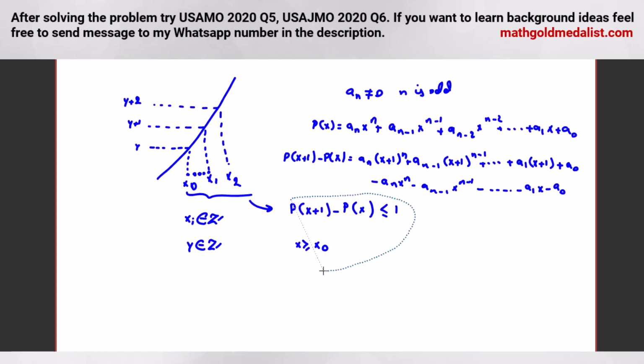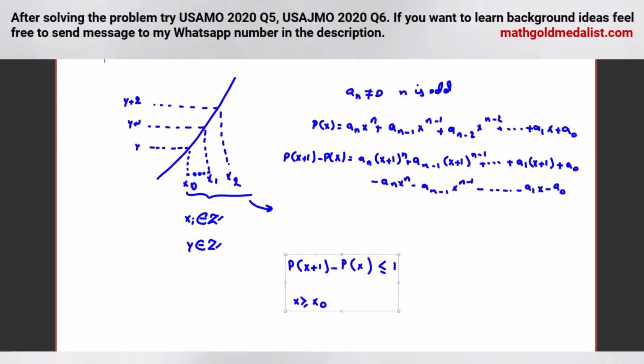So it will be what then? Coefficient of x^n, do you agree? The coefficient of x^n will be what? Coefficient of x^n is 0. Yes. Coefficient of x to the n minus 1 is what?